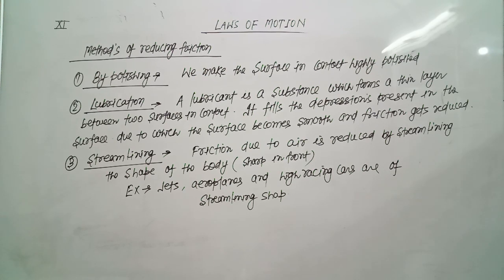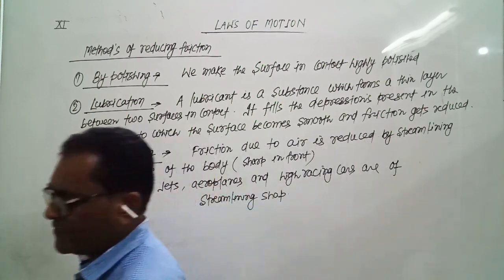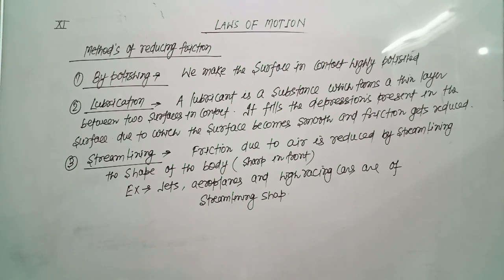So these are the three methods of reducing the friction. The very first is by polishing. We make the surface in contact highly polished. Second is lubrication, and third is streamlining shape.